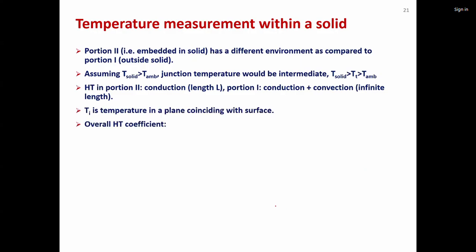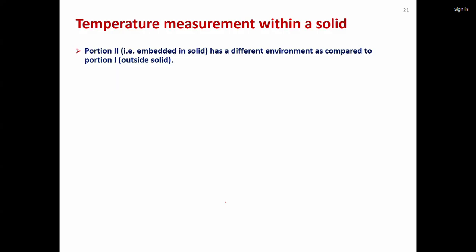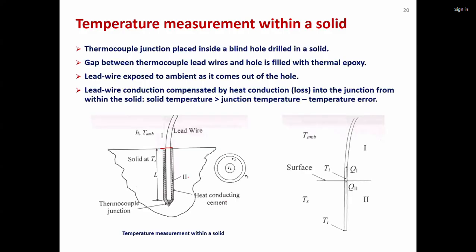So yeah, we talked about this. For the overall heat transfer coefficient in this case, here you have basically two concentric cylinders. From here, heat can go here, and then from here, heat can go to R3. So we have two different resistances, one resistance in the insulation, one resistance in the heat conducting cement.